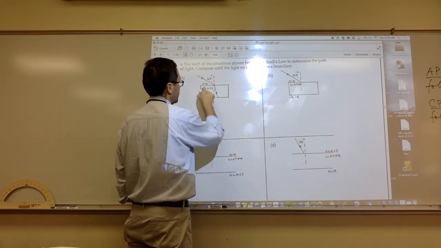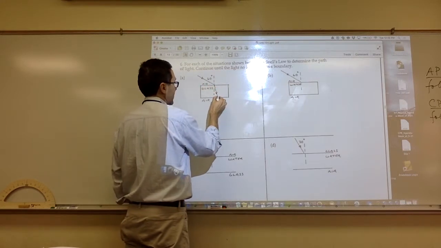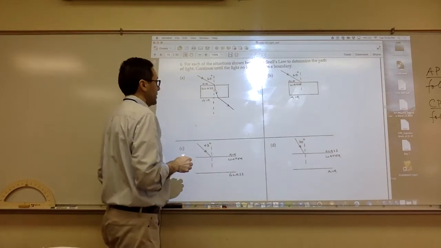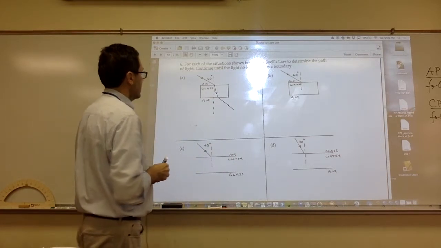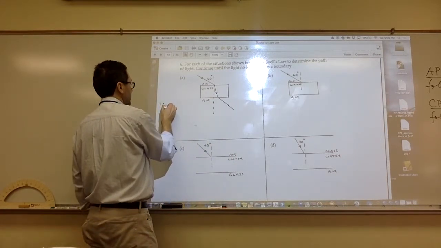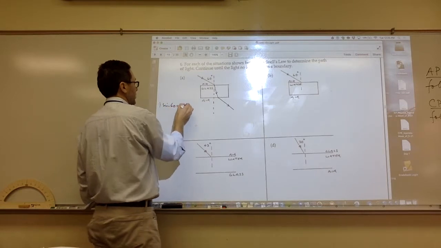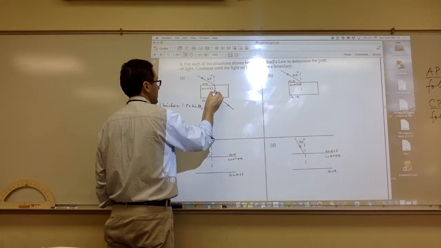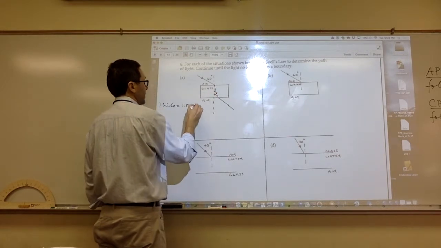And then since these two lines are parallel, you probably can see that you're going to bend out the same angle you had here. So they're going to be parallel. So here you would do 1 sine of 60 equals 1.52 sine of theta r. This is the theta r. Okay, you can find that angle.